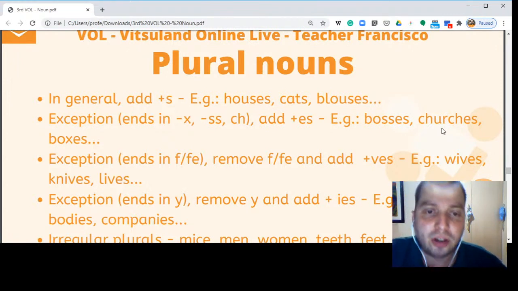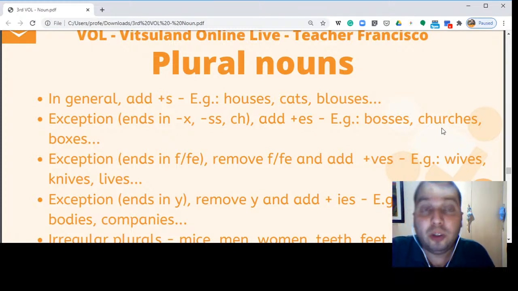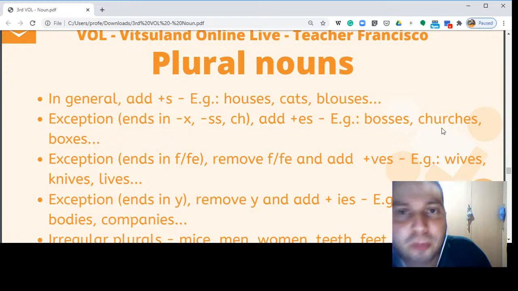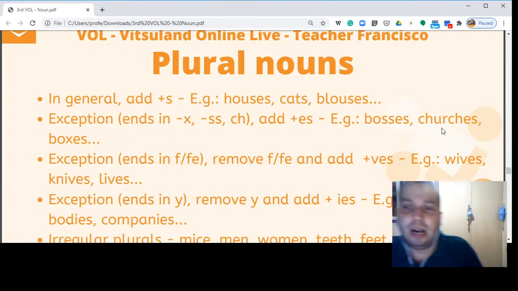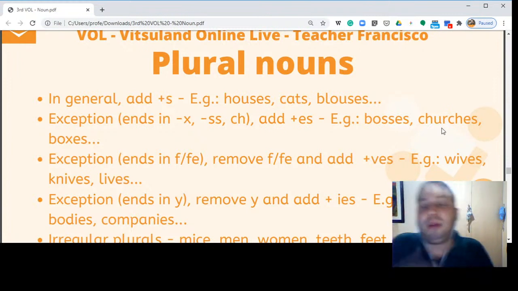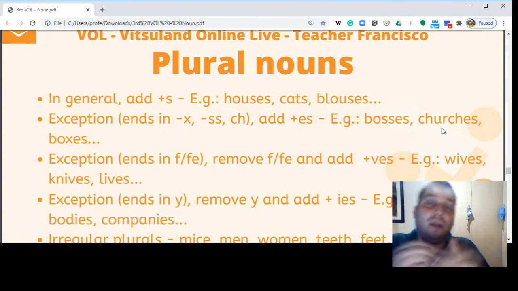Another exception: words that end with F or FE. In this case, how can we form these plural nouns? We remove the F or FE and we add VES. So wife becomes wives, knife becomes knives, life becomes lives.